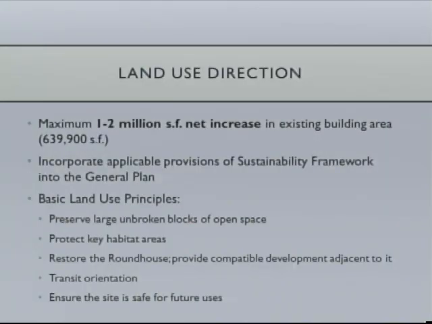And so the Planning Commission recommendation is for a 1 to 2 million square feet net increase in existing building area, about 640,000 square feet there, to take the sustainability framework and incorporate that into the policies of the general plan: the series of basic land use principles, large unbroken blocks of open space, key habitat areas.